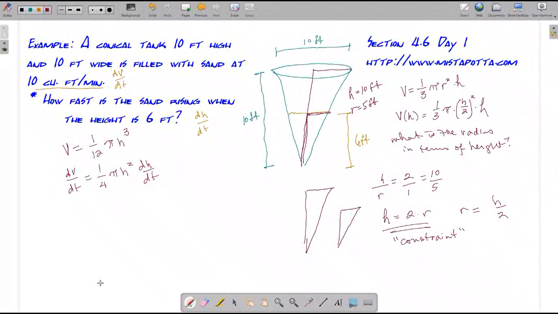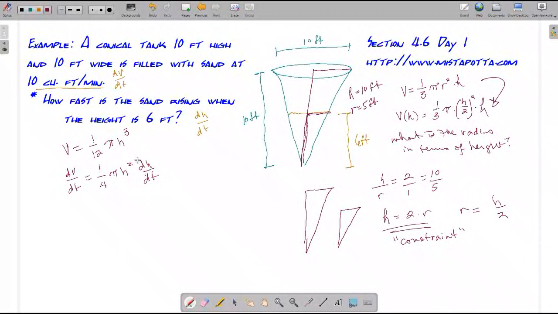So step 1 is I had to come up with the model, and that was the most time-consuming part here, because I needed to get from a relation to a function. Step 2 is taking the derivative with respect to time, and I'm going to be using implicit differentiation throughout this section. So the derivative of volume gives me dV/dt, the derivative of height gives me dh/dt.